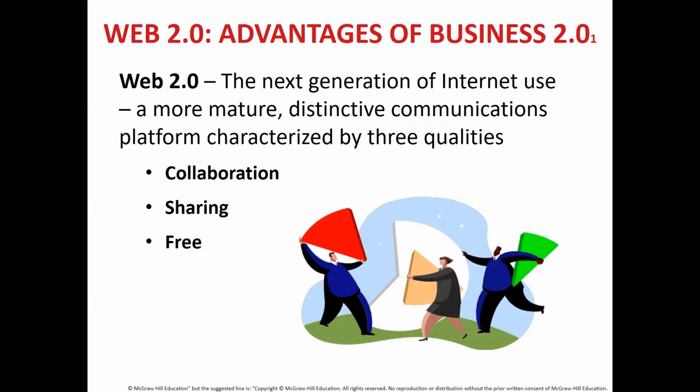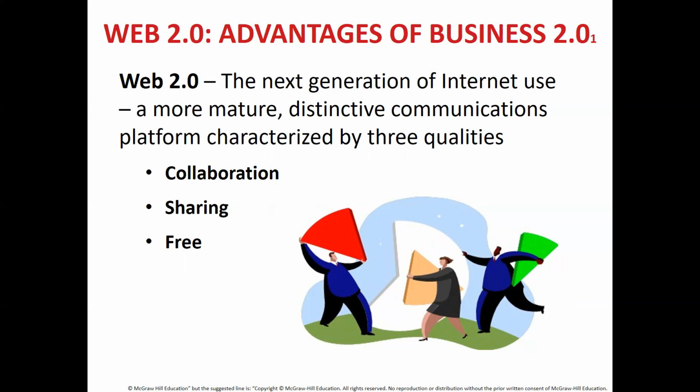Web 2.0, advantages of Business 2.0. Web 2.0, the next generation of internet use after Web 1.0, a more mature, distinctive communications platform characterized by 3 qualities: collaboration, sharing, free.